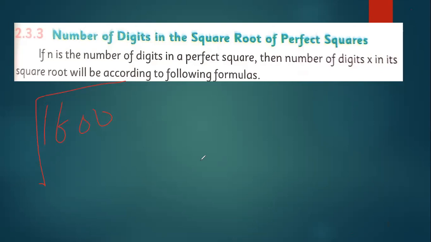We are not interested in the answer, but we are interested in the number of digits in that answer. This is 16, yes, 1600. So your answer will have how many digits?